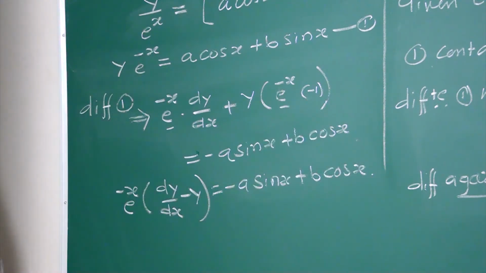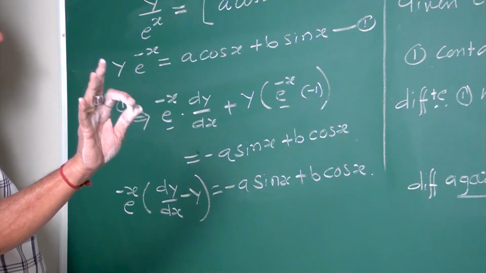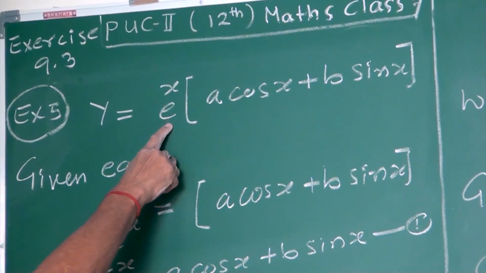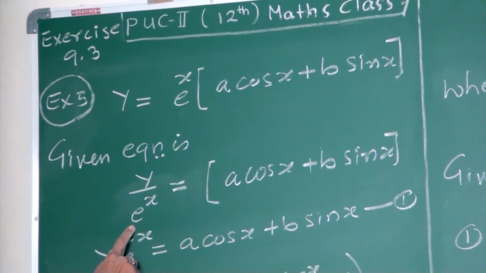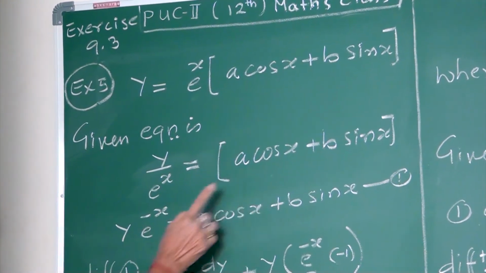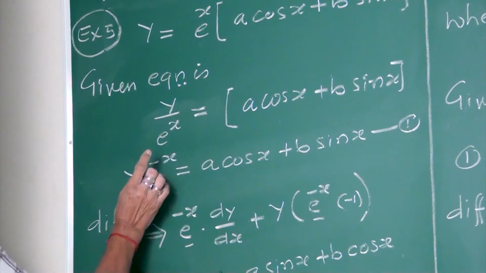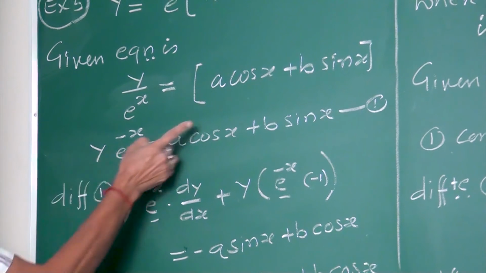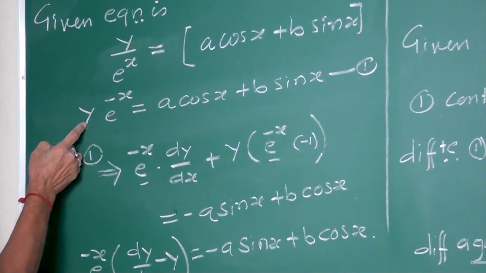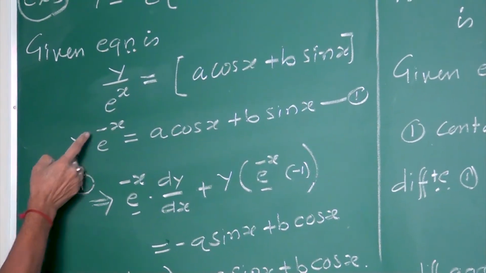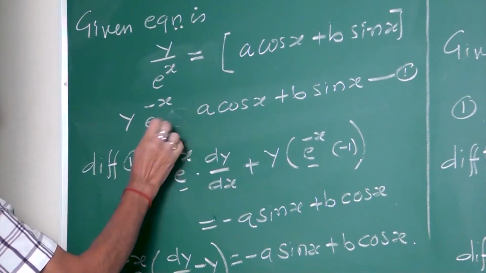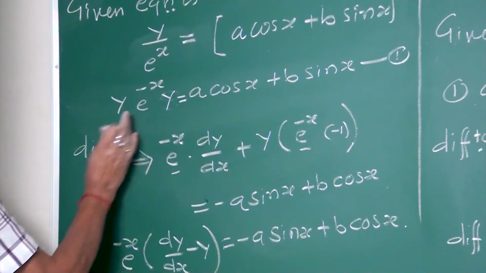I hope it is clear, my friends. I will explain once again. See, in the given equation, what is the change I have made? I brought this e to the power x down and lifted it to the numerator. Otherwise, you can write it as e to the power minus x into y equal to this.